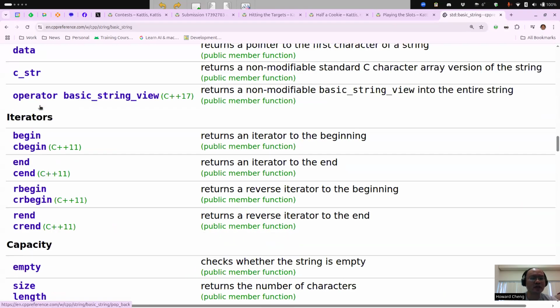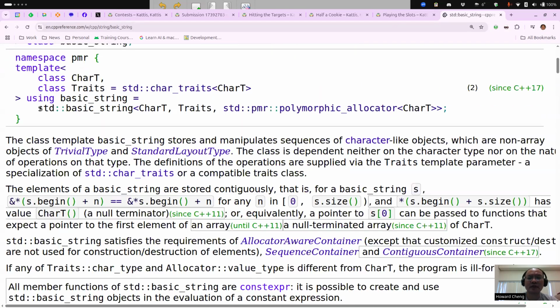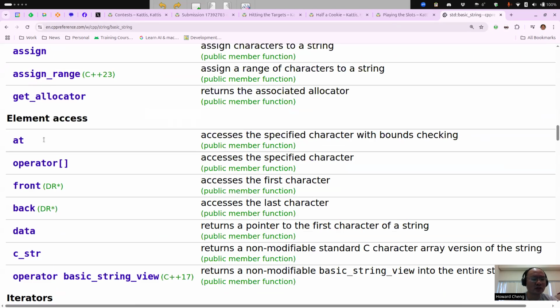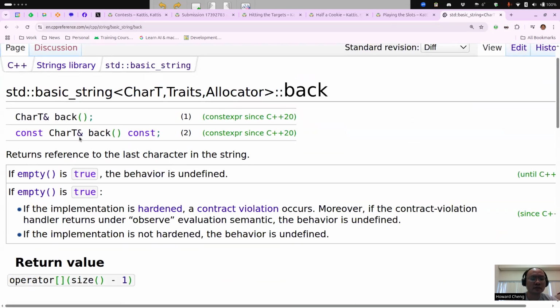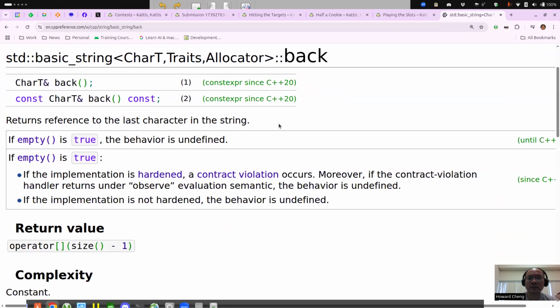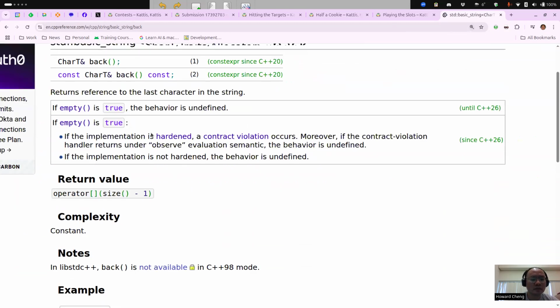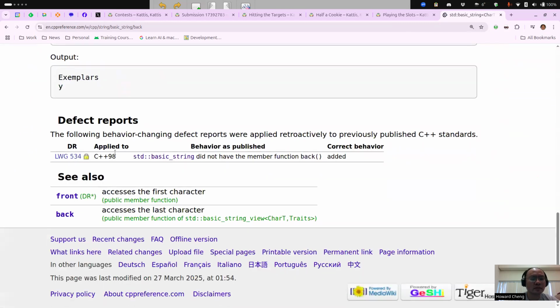Now, what is this DR star? Okay, let's see what this DR star means. Actually, I don't know what this DR star means. No idea.